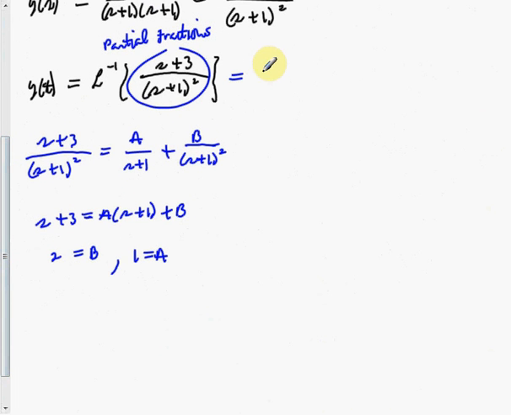So come back here, this is the inverse Laplace transform of the A, which was the 1 over s plus 1, plus the inverse transform of this B, but B is the 2, put it outside, times the inverse transform of 1 over s plus 1 squared.